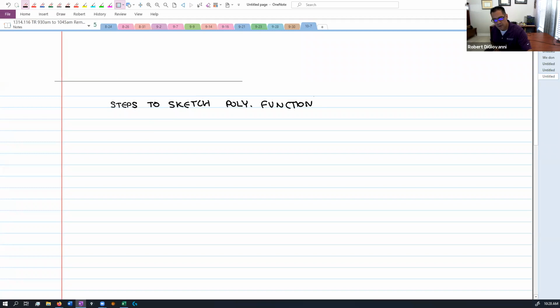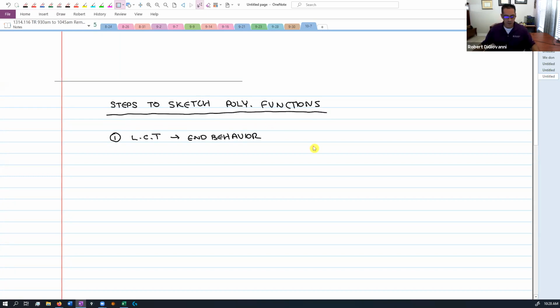When I write them down, it's going to seem so straightforward and easy because there aren't really a lot of steps. The first step, leading coefficient test to get your end behavior, which no one disagreed with me when I said that's pretty easy. You just figure out which of the cases it is in that table.